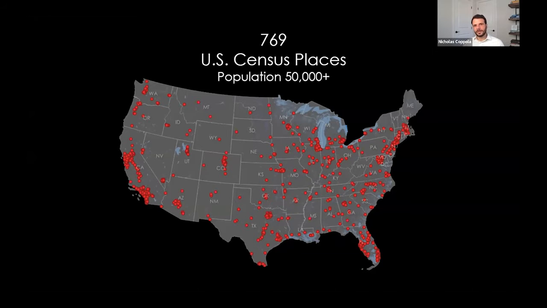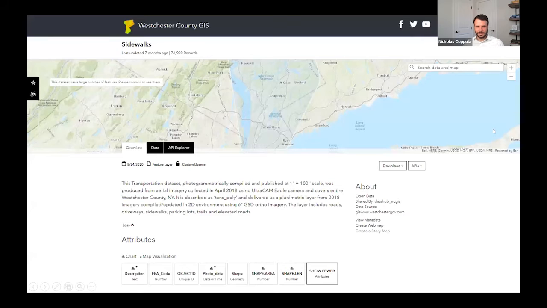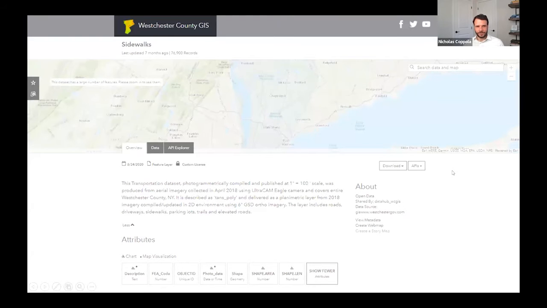So when I say that we researched and looked into all 769 US Census places, it wasn't as direct as you just go check the city and they either do or do not have a sidewalk data set. It was a lot more complicated than that. We had to check from different angles. So we had to look at county data sets.